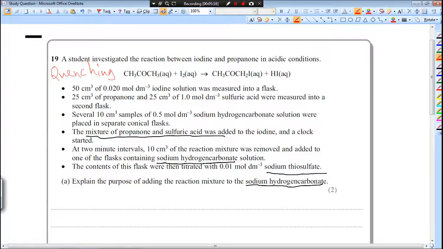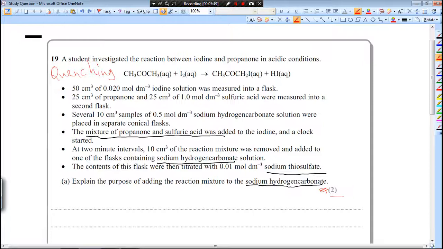Basically what we are doing here is stopping the reaction at regular time intervals. As you can see, the total mark for this question is 2.